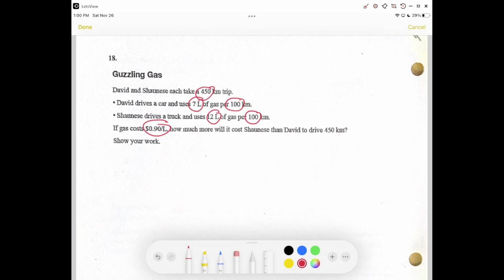Let's begin. So let's do dollars to liters. We know that it's 0.9 for every 1 liter, and for now let's look at Shanice. She has 12 liters, right? Now we can simply multiply both sides by 12 using scaling.